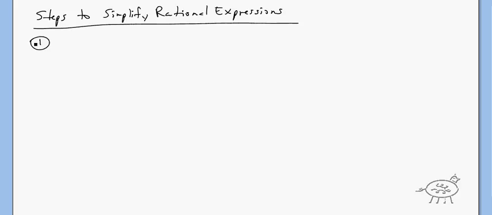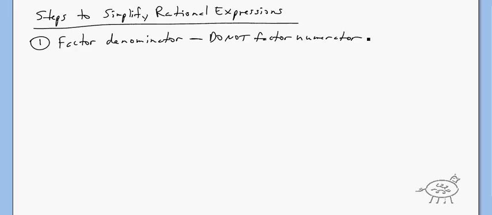The first one is you want to factor the denominator, and I'm going to put this in here: do not factor the numerator. Only the denominator. Don't look at the top and go, oh, I can factor something out. You only factor the denominator.